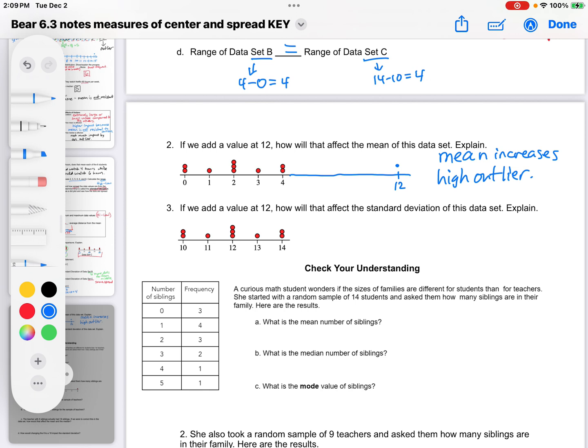All right, if we add that value of 12 to this data plot, how will that affect the standard deviation? Well, in this case, because that dot is exactly in the middle, the standard deviation decreases.